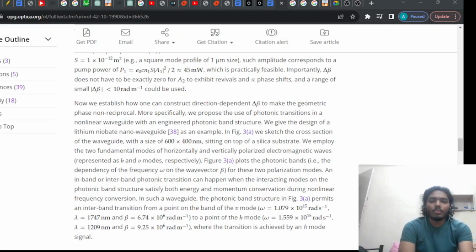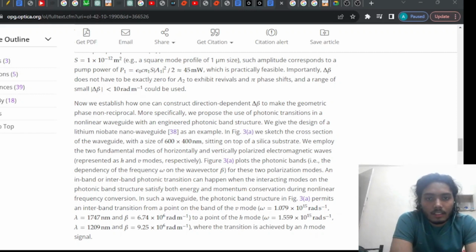And so we are thinking of why we are talking about this geometric phase. It is something related to the non-reciprocal nature of the crystal. And the thing is, we are fixing the direction of the pump.